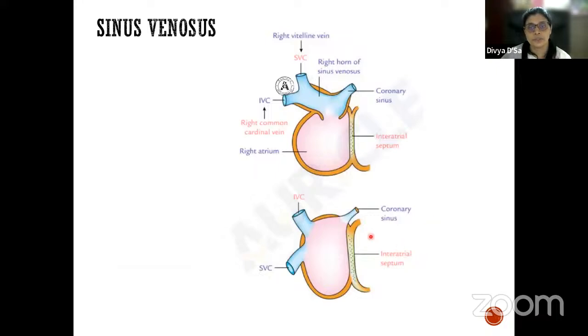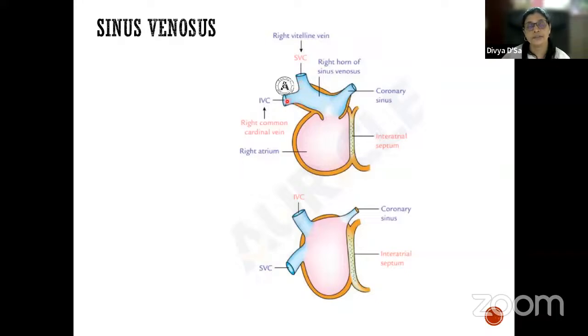Now this has moved behind. Here we see this will be the coronary sinus. Here will be the right vitelline vein. From the right vitelline vein, it goes to the superior vena cava, so it becomes the superior vena cava. The right umbilical vein disappears.